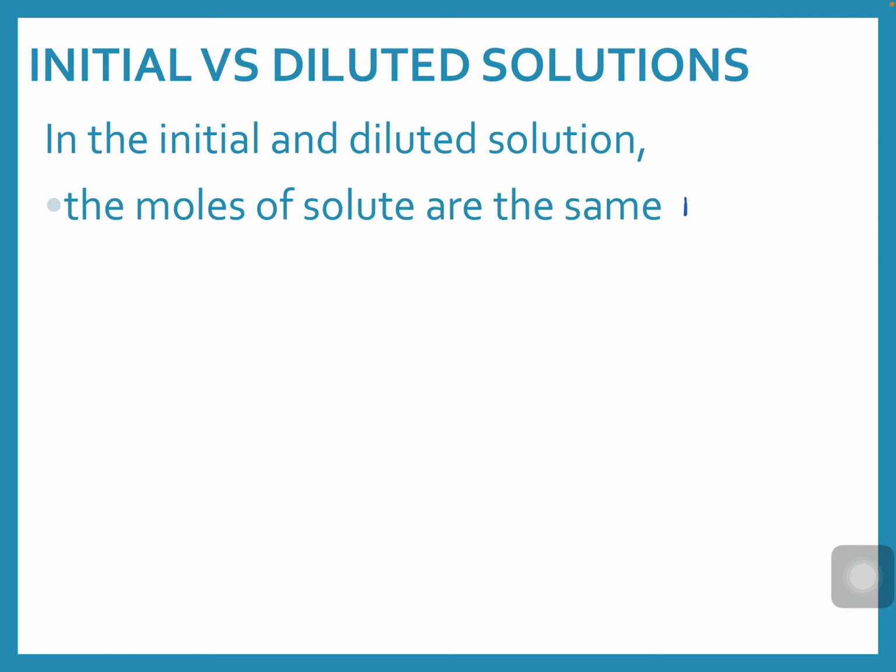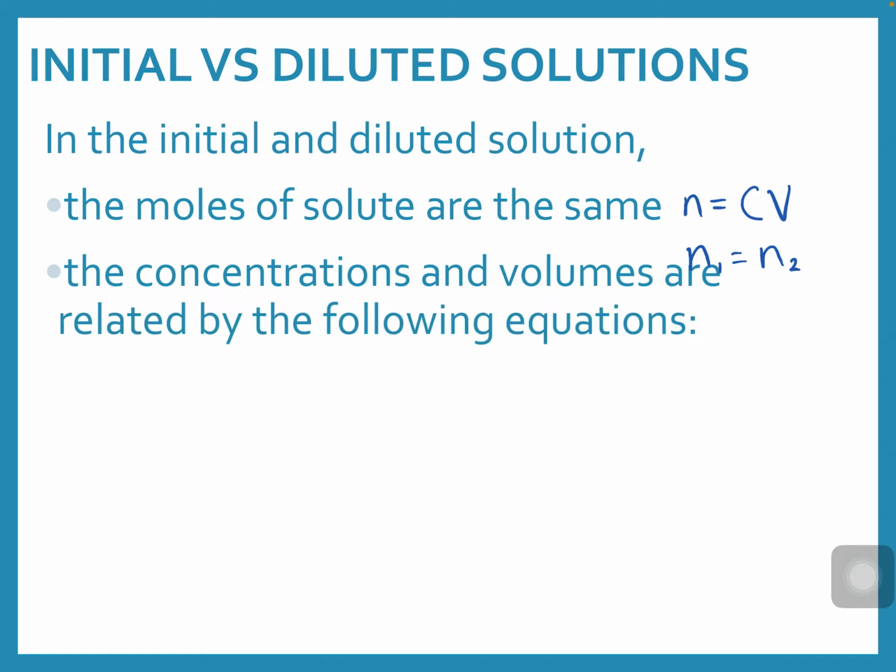To calculate number of moles, that is equal to concentration times volume. So if my initial number of moles is equal to my final number of moles, then when I multiply my initial concentration and volume, that needs to equal my final concentration and volume multiplied.